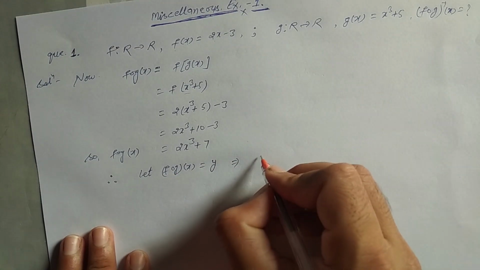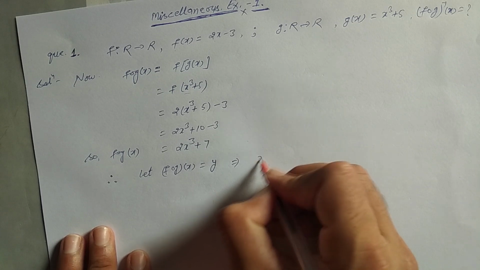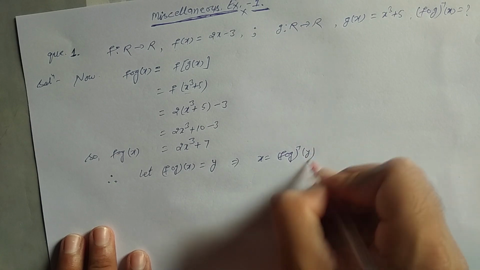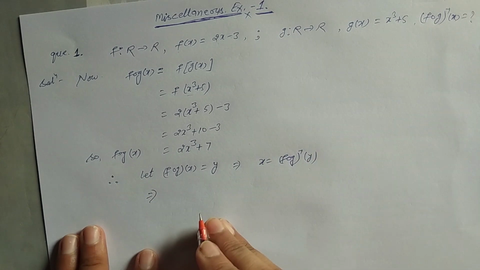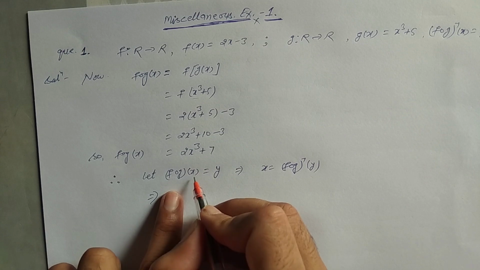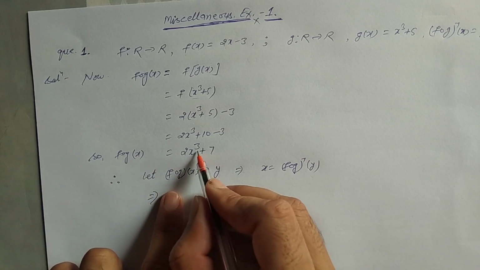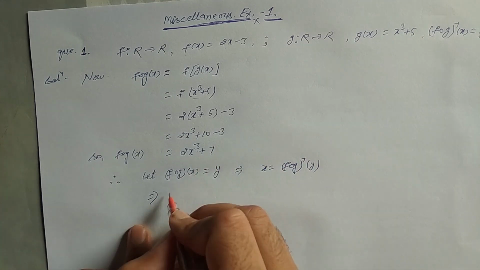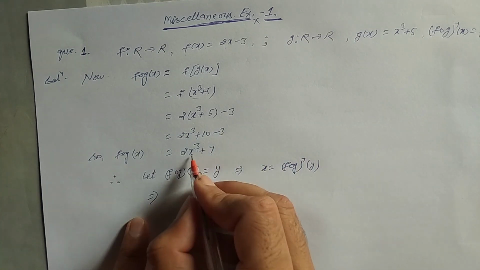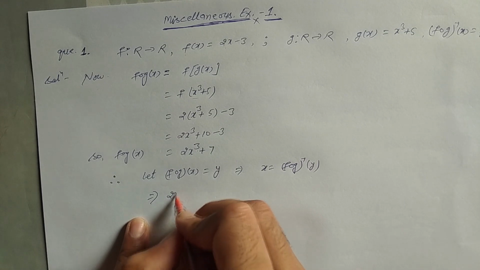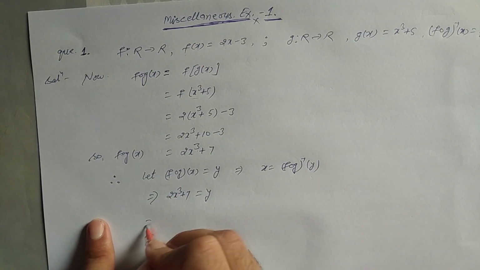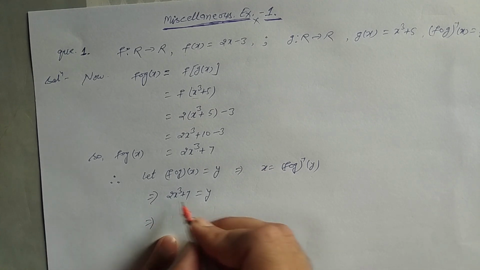It implies x is equal to (fog) inverse of y. Fog of x is equal to 2x cube plus 7. Putting the value, 2x cube plus 7 is equal to y. Find the value of x.